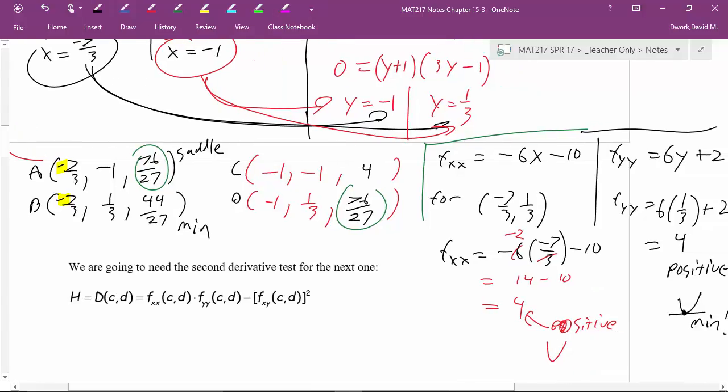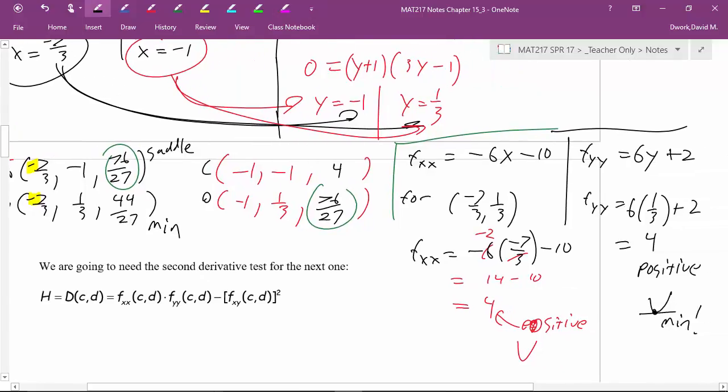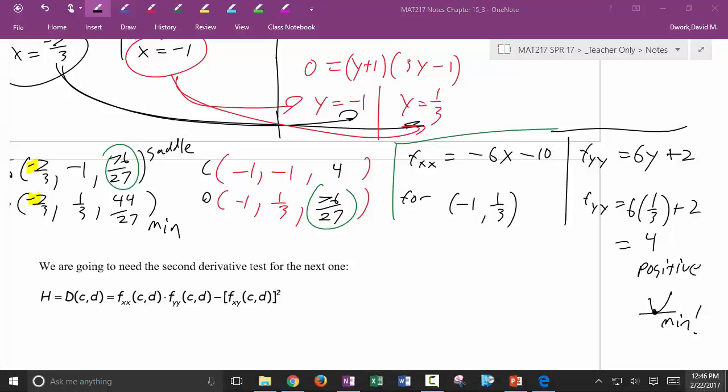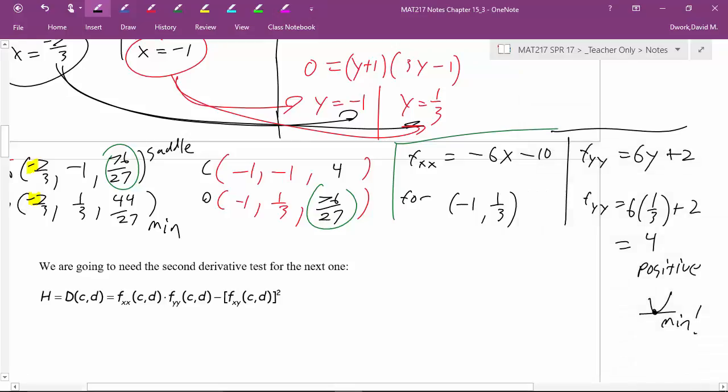Now, while I have this on the page, I already have 1/3 substituted in. Let's jump to D. Let's go to this point to check, because I don't need the negative 7/3 anymore. I've done all my versions of that, so let's get rid of this. Now let's test the point of negative 1/3. Let's see what that is. When I substitute in for f of x, I substitute negative 1.